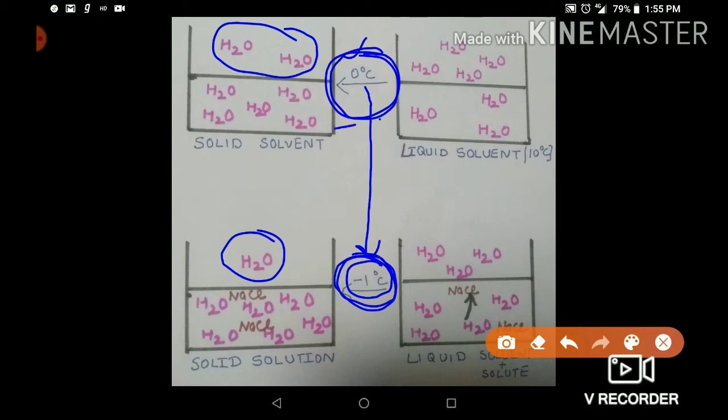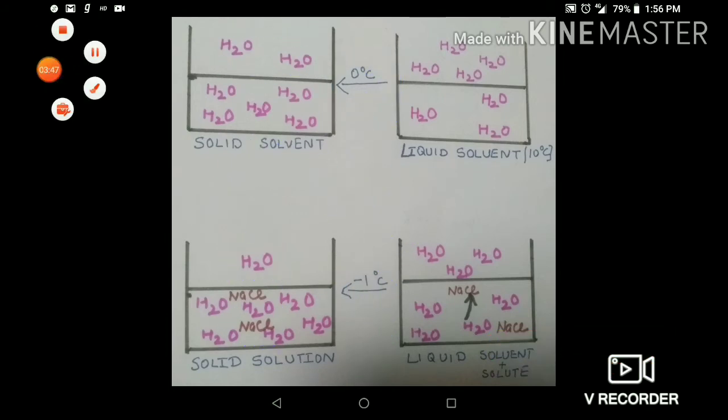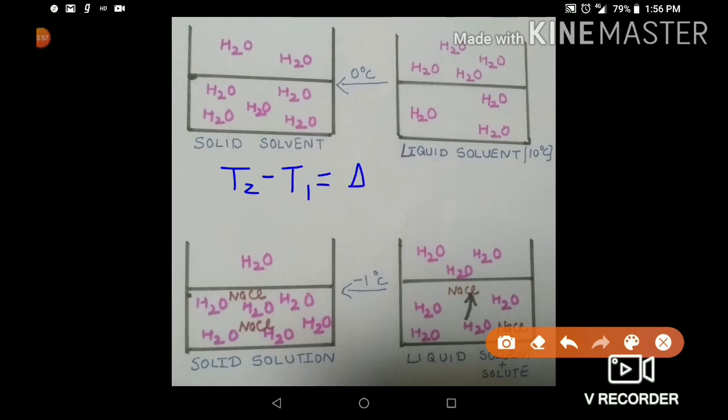Let me call it T1, and this -1 degree Celsius, T2. The change in temperature will be T2 minus T1, that is the change in the freezing point, delta Tf.